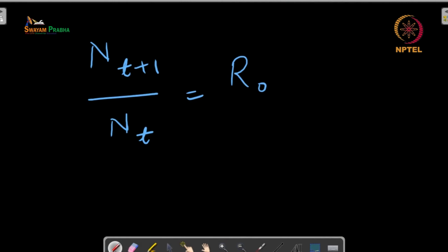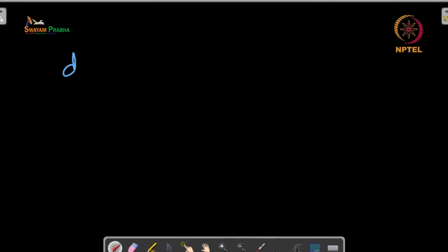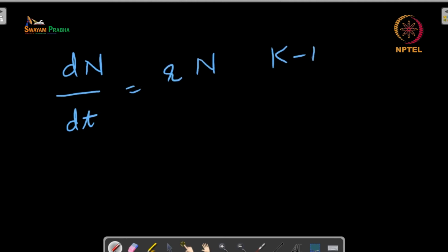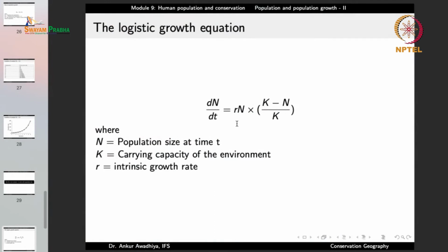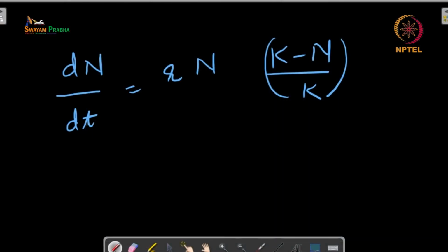So what we are saying here is that dN by dt is r into N into (K minus N) by K. Now let us consider a situation where K, or the carrying capacity, is very much greater than the current population size.